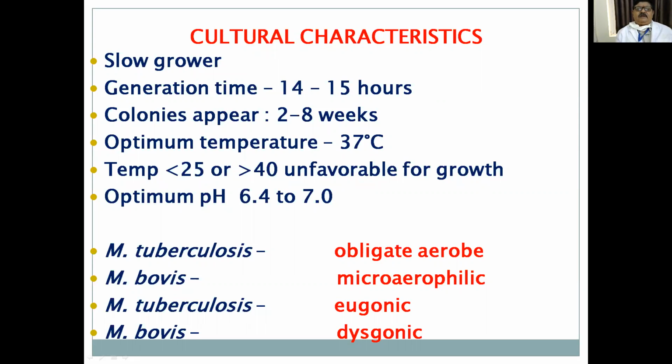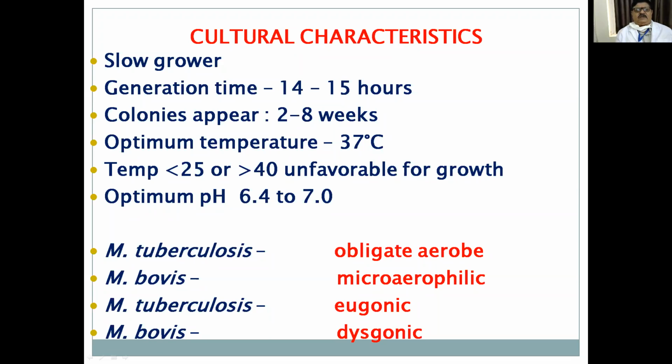Again, we saw the differences. Mycobacterium tuberculosis is a complete aerobe; unless a good oxygen supply is there, it can't survive. Bovis is microaerophilic; even in a reduced oxygen tension, it can still survive.